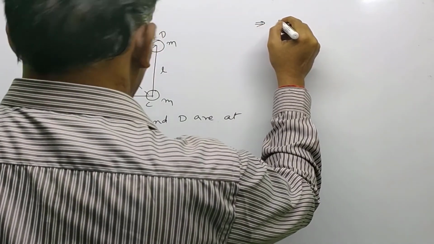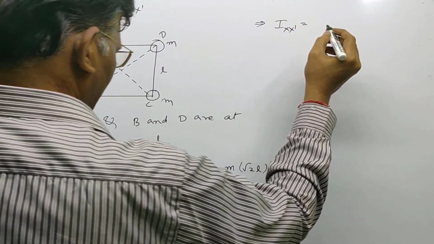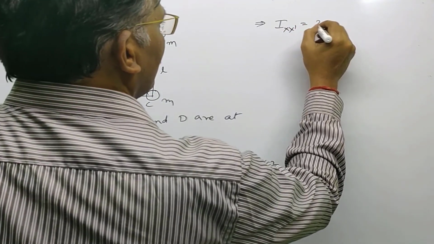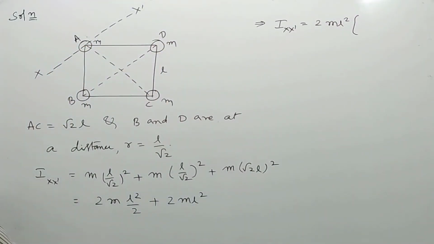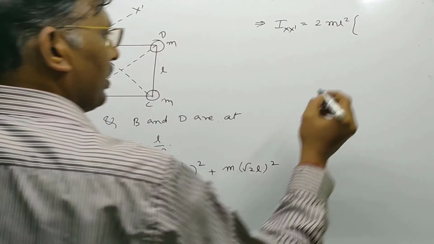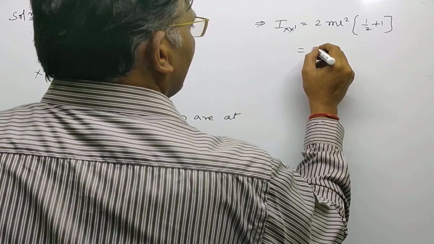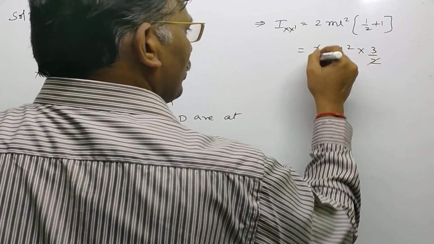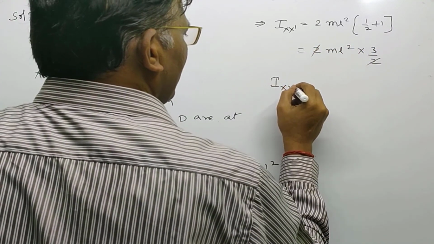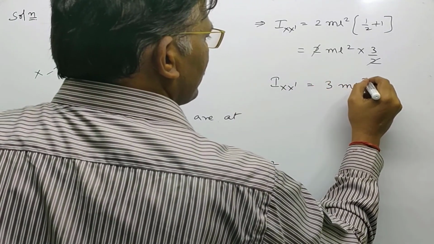The 2s cancel. So the final answer is I x dash is equal to 3 m L square.